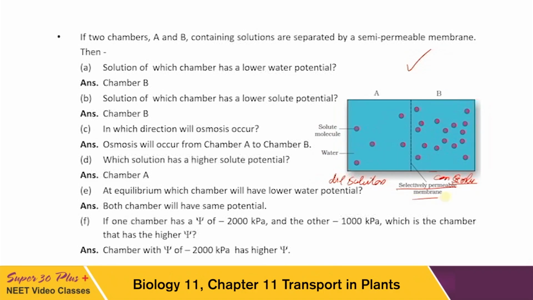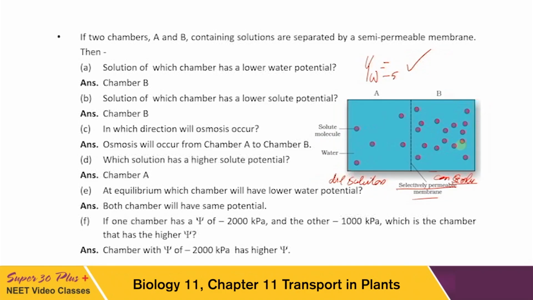This dilute solution is separated from the concentrated one, or we may assume it to be a pure solvent having high water potential. Here the water potential of this will not be zero definitely, because zero water potential belongs to a pure solvent. Let its water potential be minus 5.